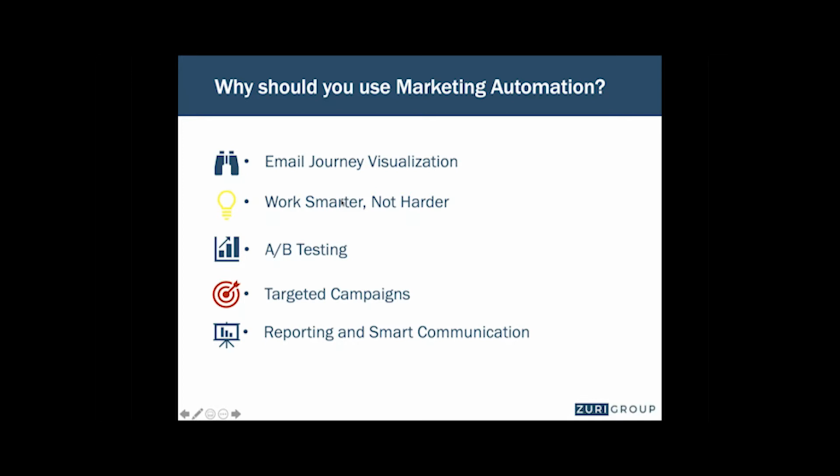You can also do a lot of targeted campaigns in marketing automation, and using profiles, the type of person that will go into each of your campaigns can be very clearly managed. Targeted campaigns are awesome.